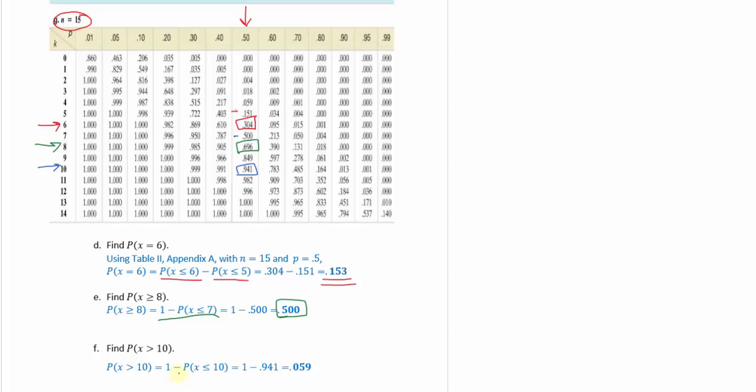So 1 minus the probability that x is less or equal to 10. So we need to include equal because equal was not included in the original probability. So we are taking 1 minus the probability of x values less or equal to 10. That's 0.941. So the result is 0.059.